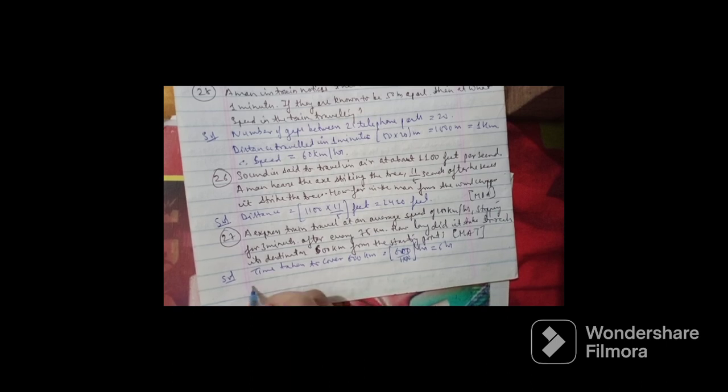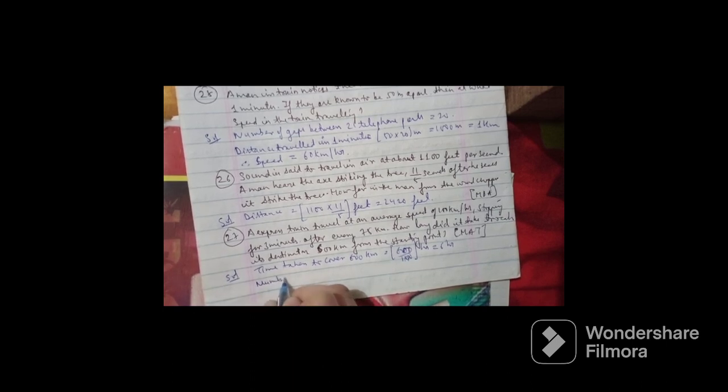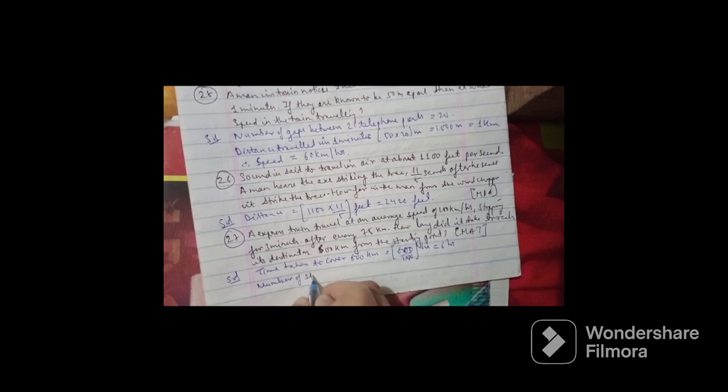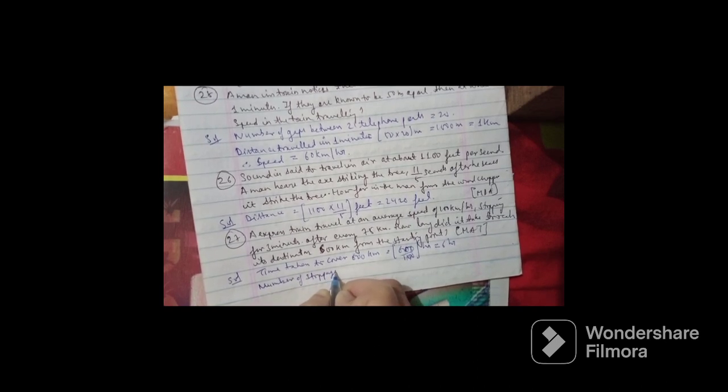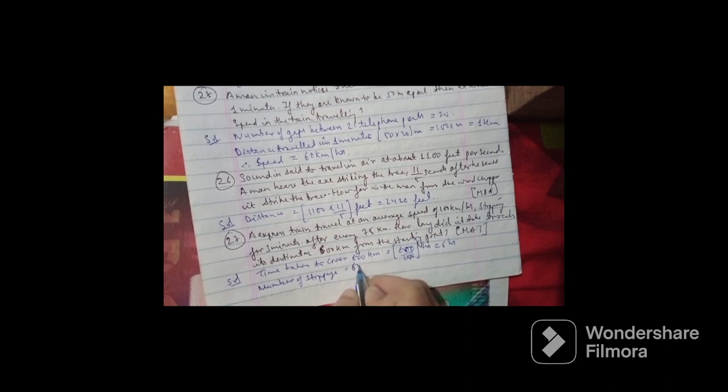Number of stoppages equals 600 upon 75 minus 1, equals 7.